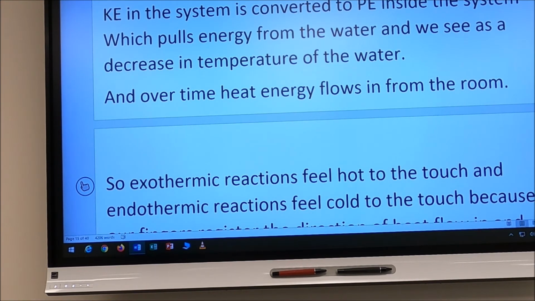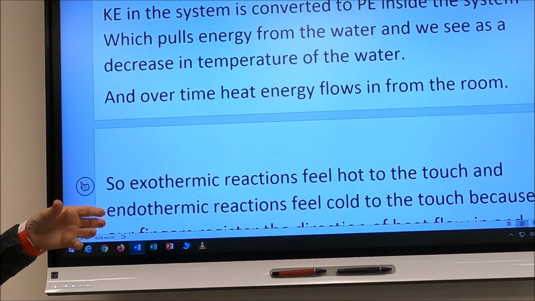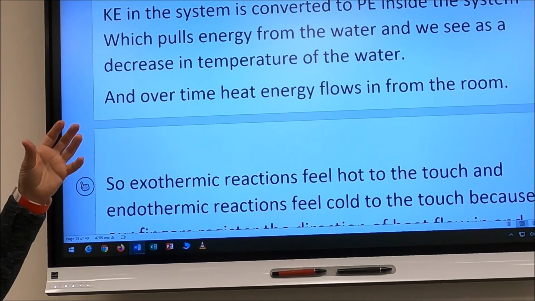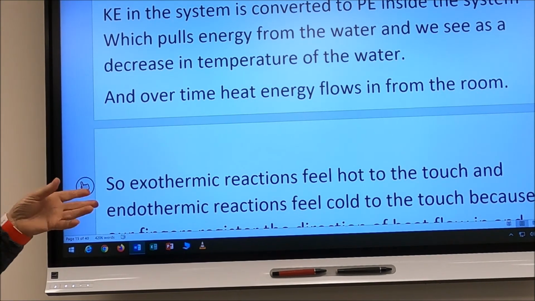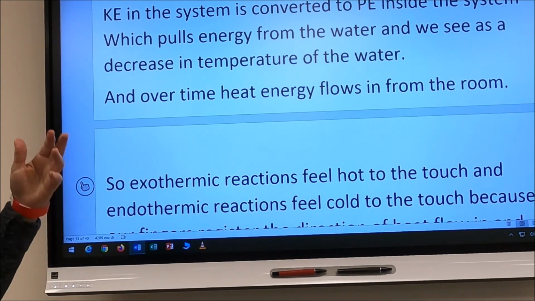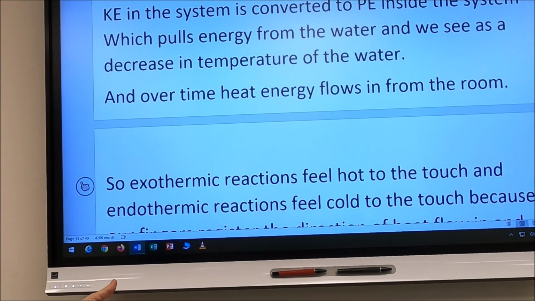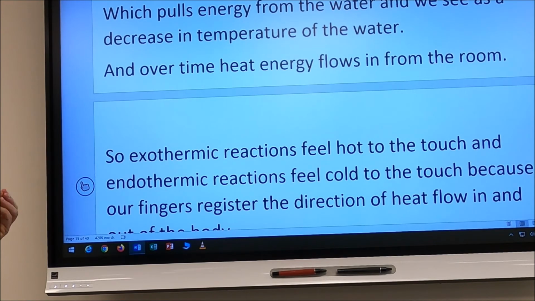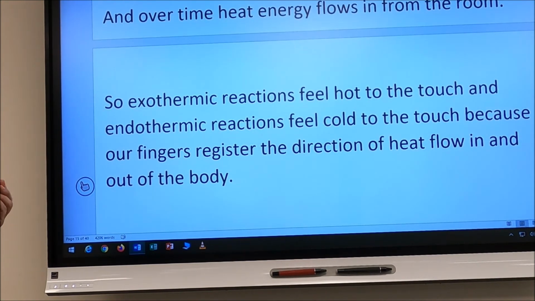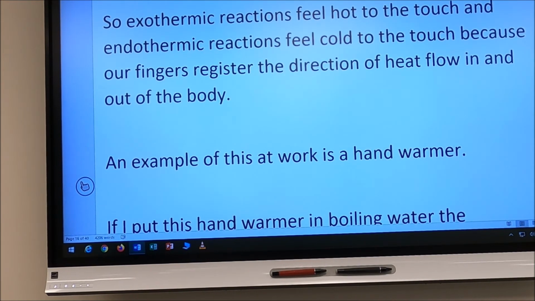Okay? So an exothermic reaction happening in a beaker is going to feel hot to the touch. An endothermic reaction happening in a beaker is going to feel cold to the touch. Okay, because your fingers register the direction of heat flow in and out of the body. All right.